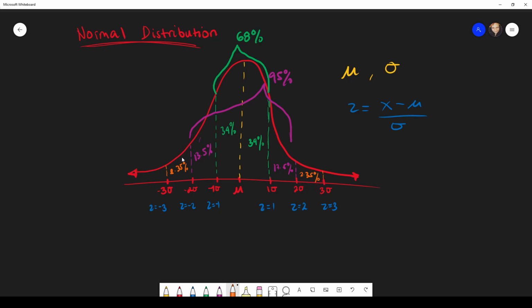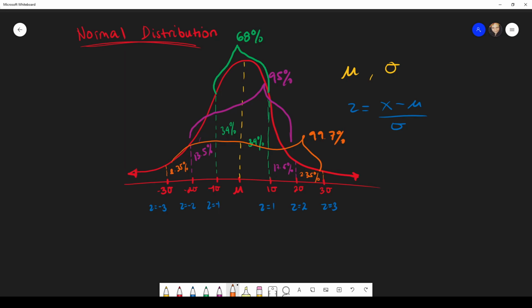So approximately, the data that lie within three standard deviations of the mean, considering three standard deviations above the mean and three standard deviations below the mean, is 99.7% of the data. So that's what the empirical rule for a normal distribution is.